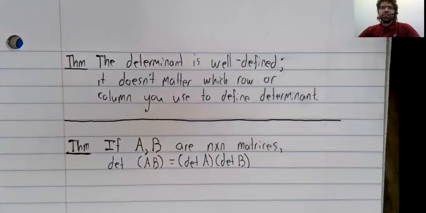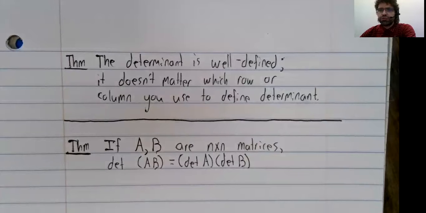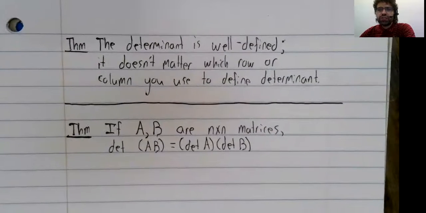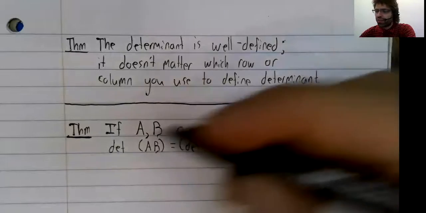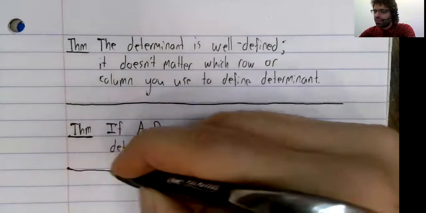And the way these determinant finding methods work is to try to take the matrix you care about and write it as the product of simpler matrices whose determinants you can find.